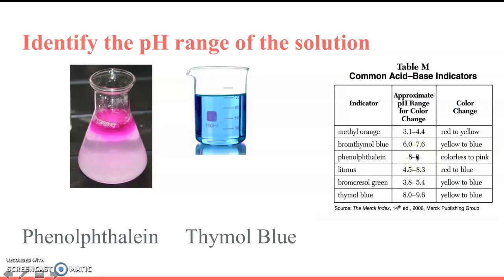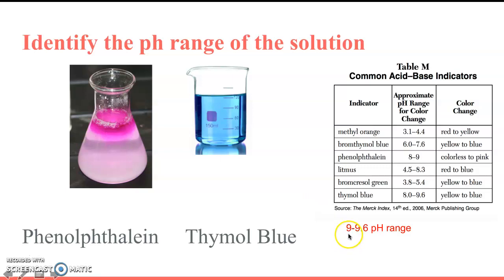So that's the start of our pH range. We do another test on the same solution, adding thymol blue, and we see it turns blue. So we go to thymol blue. We see it turns blue at a pH of 9.6 or greater. And based on the information we have, our pH range is 9 to 9.6.